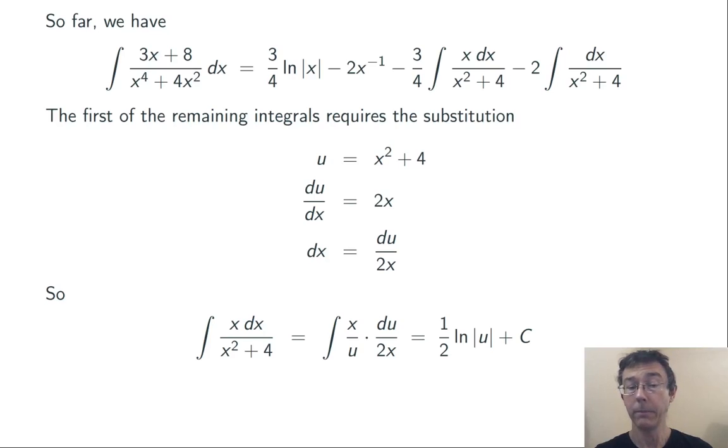The x's cancel, I integrate, and I get 1/2 natural log absolute value of u plus c. Replacing u with what it's equal to, 1/2 natural log x squared plus 4 plus c. I'm leaving out the absolute value inside the natural log because x squared plus 4 is always going to be positive, because x squared is greater than or equal to 0.